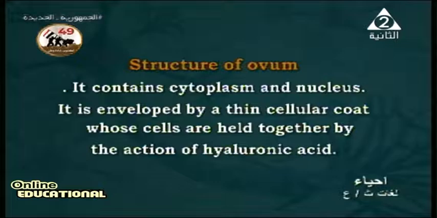Held together means stuck together, in contact with each other, by the action of hyaluronic acid. Take care with hyaluronic acid, because to penetrate the ovum, the sperm needs to secrete the hyaluronidase enzyme. Okay, we will describe it after this session.